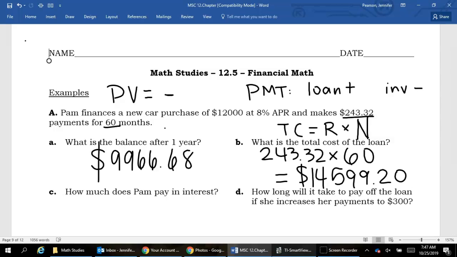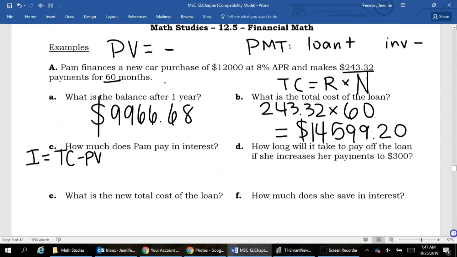How much does Pam pay in interest? The interest formula from a couple lessons ago, let's get this right this time, is the total cost minus the principal value. So my total cost is what I just calculated in part B, and my principal value was $12,000.